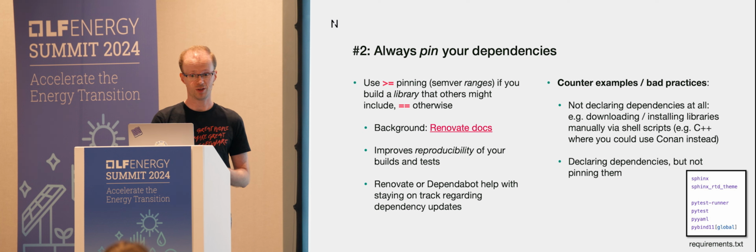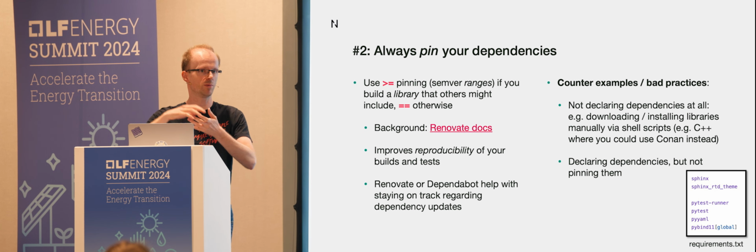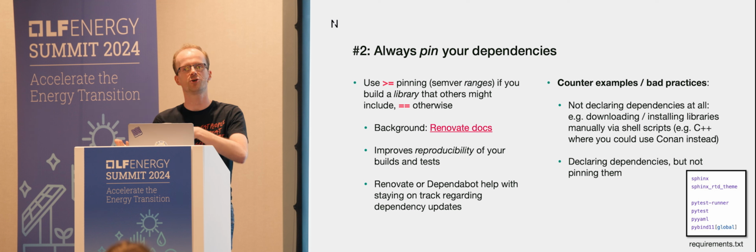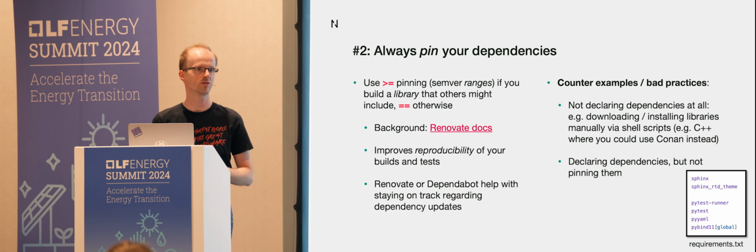Pin your dependencies, please, if possible. There are different strategies on how to do it. It depends on what you are building. If you're building a final product, maybe a web interface that is not a library, use equals equals.